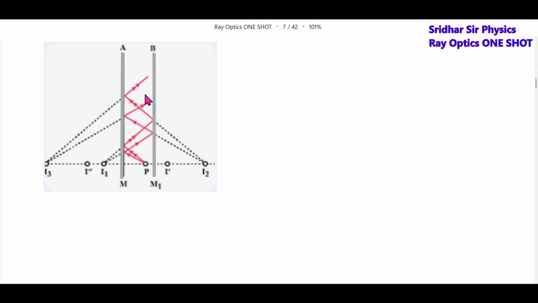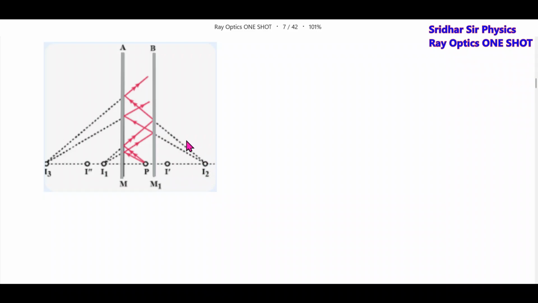If the two mirrors are held parallel to each other, then what will the number of images be? Suppose this is the object we have kept. First, the incident rays will go here, strike mirror A and form the image I1. Then this I1 will become the object for mirror B. The incident rays will strike and form the image I2.